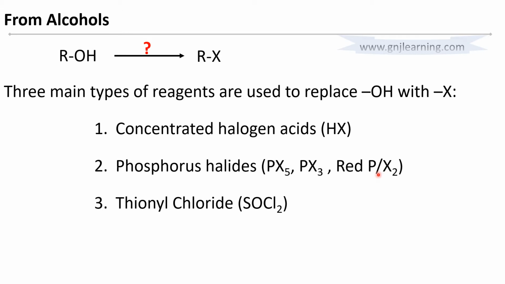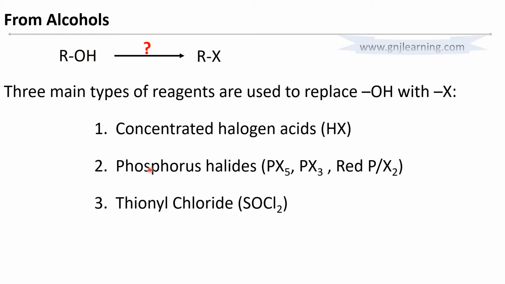X2 means any halogen element, which on heating will give either of these two compounds instantaneously. So I can use any of these phosphorus halides to replace OH with X.